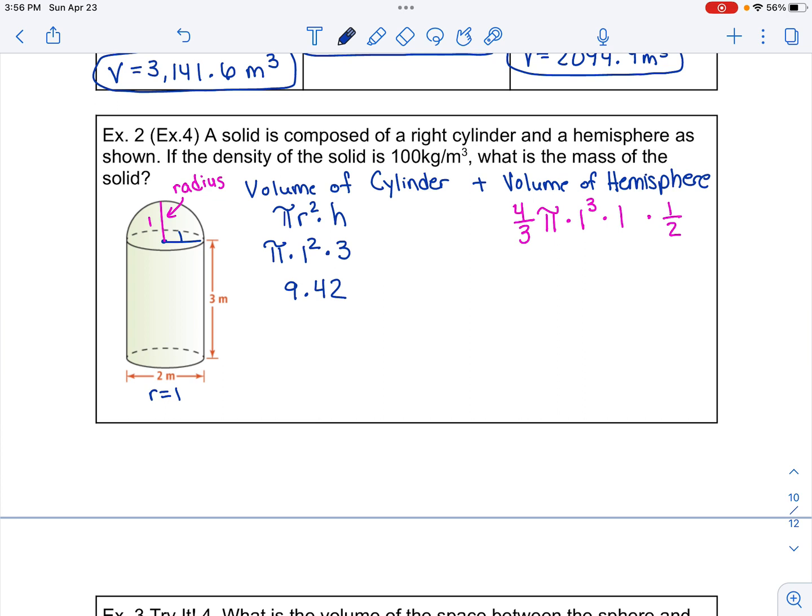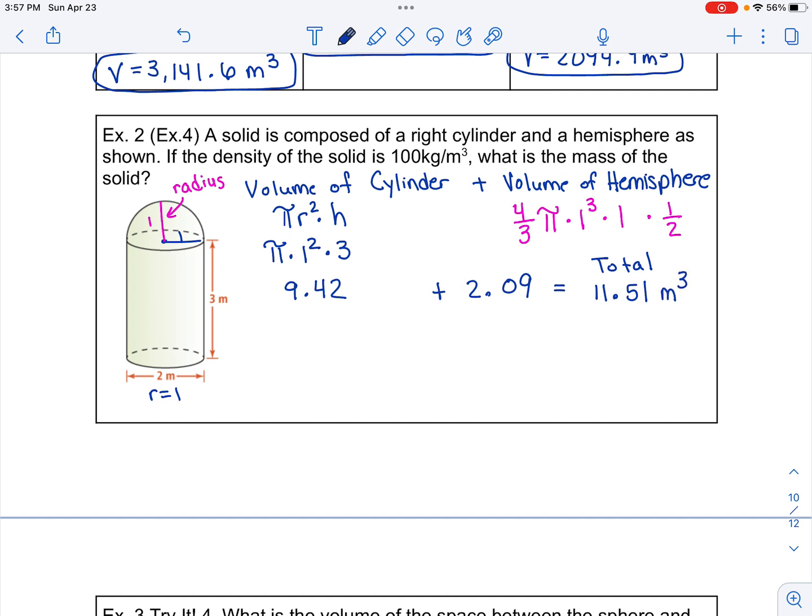And then if I do this other one, 4/3 times pi times a bunch of ones basically, and then divide that answer by 2 or take times 0.5, I get 2.09 or about 2.1. And then together I have a total volume of about 11.5 or 11.51, depending where you round it to. So this is in meters cubed.